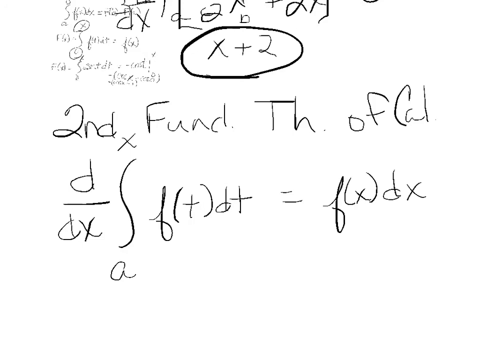We just did it the long way, and I showed you how it works every time, but the fundamental theorem of calculus allows us to just apply this, and then we don't have to go through the antiderivative and the derivative again.